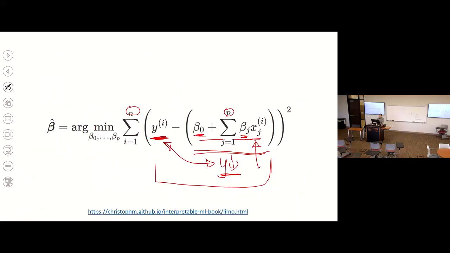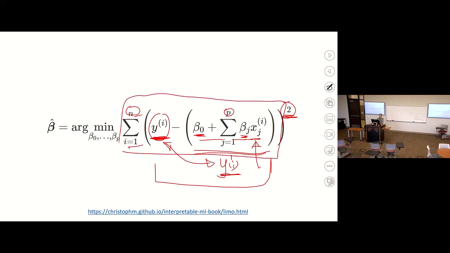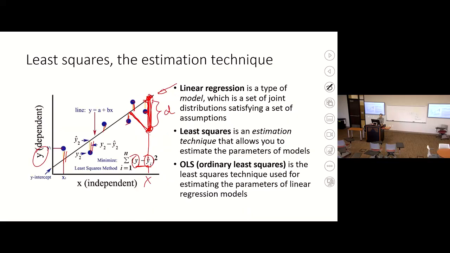You have a lot of yellow bars from 1 to n, so you put them together and also square them, because some of the predictions are bigger than your observed, some are smaller, but if you take the power of two then everything becomes positive, and you can use this as a distance and put them together. So you basically add all the distances of these yellow bars together.